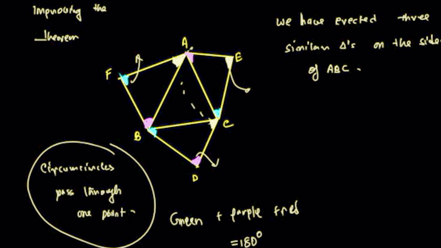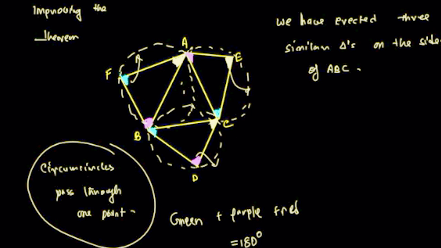This is a special case of that. We really did not need the similar triangles. We just needed the fact that the three terminal angles add up to 180 degrees, which it does in this particular case. So this was an easy corollary of what we have already done.